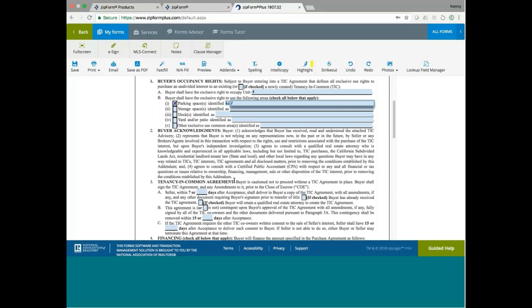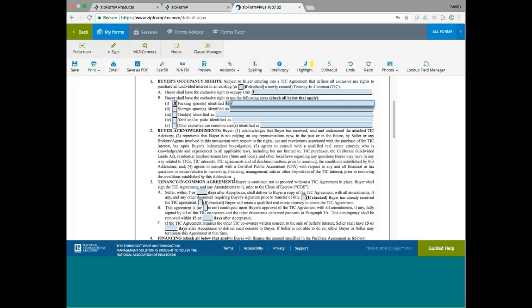Number 3, tenancy in common agreement. A buyer is cautioned not to proceed without a TIC agreement in place. So basically, they advise the buyer to confirm that there is a TIC agreement in place. This is very, very important.